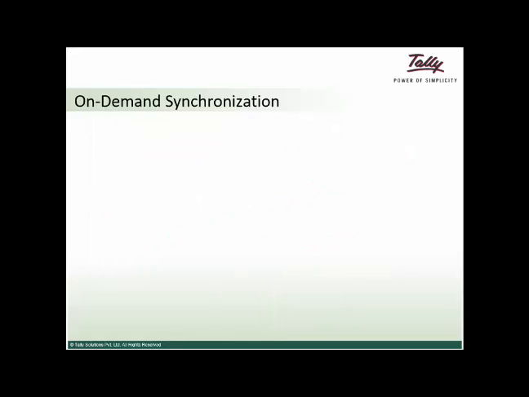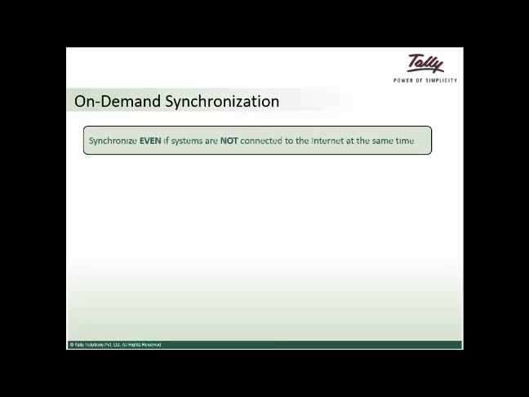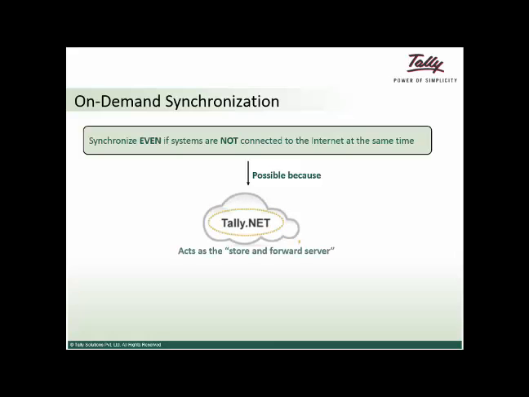Release 5.0 brings along with it the capability of on-demand synchronization. That is, synchronization across two or more instances of Tally, even if they are not connected to the internet at the same time. Now this is possible because Tally.net now acts as a store and forward server.